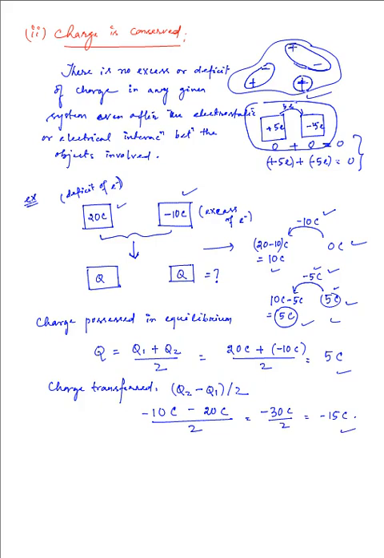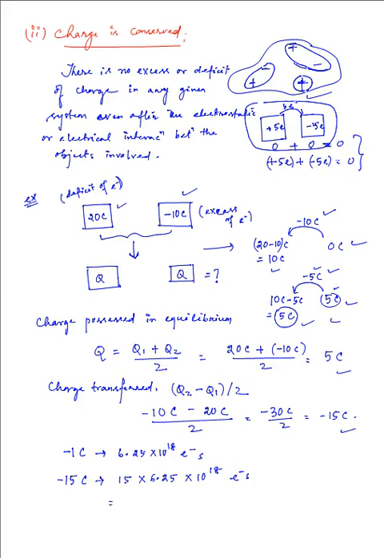We also know about the case of quantization, because we know that minus 1 coulomb corresponds to 6.25 times 10 raised to the power 18 electrons. We can say that for minus 15 coulomb of charge to be transferred, we'll have 15 times 6.25 times 10 raised to the power 18 number of electrons transferred from the second body, which had an excess of electrons, to the first body, which had a deficit of electrons.